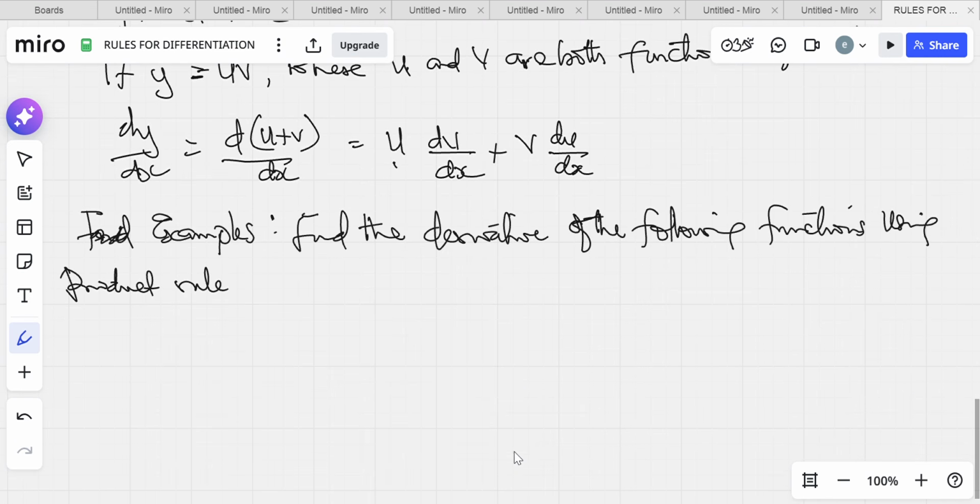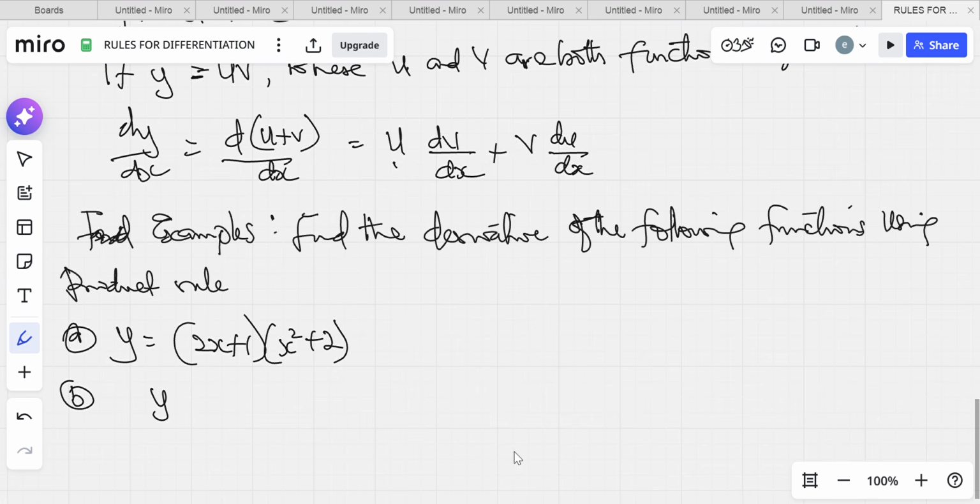So applying the product rule, these are the functions. Now y is equal to what? (2x + 1)(x squared + 2).